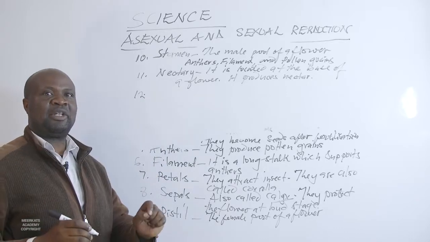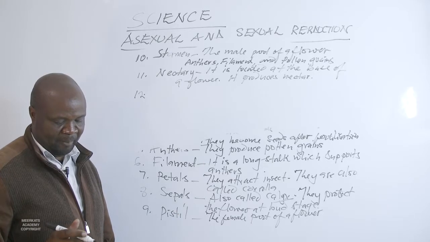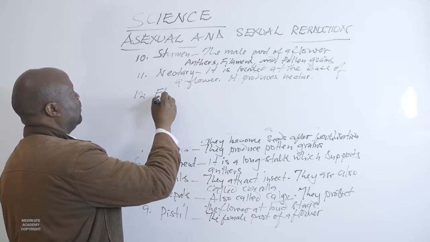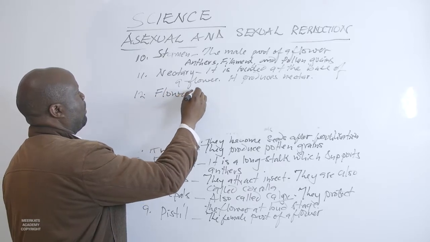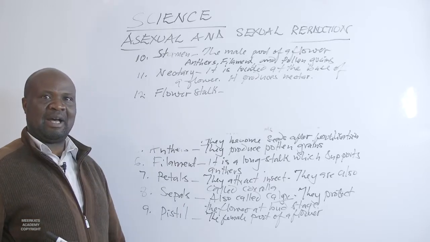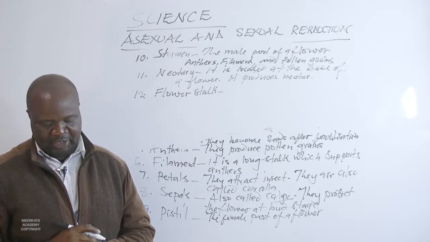Then we can have the 12th part, if you remember. In the simple diagram we had of a flower, the last part we called the flower stalk. What are the functions of a flower stalk?